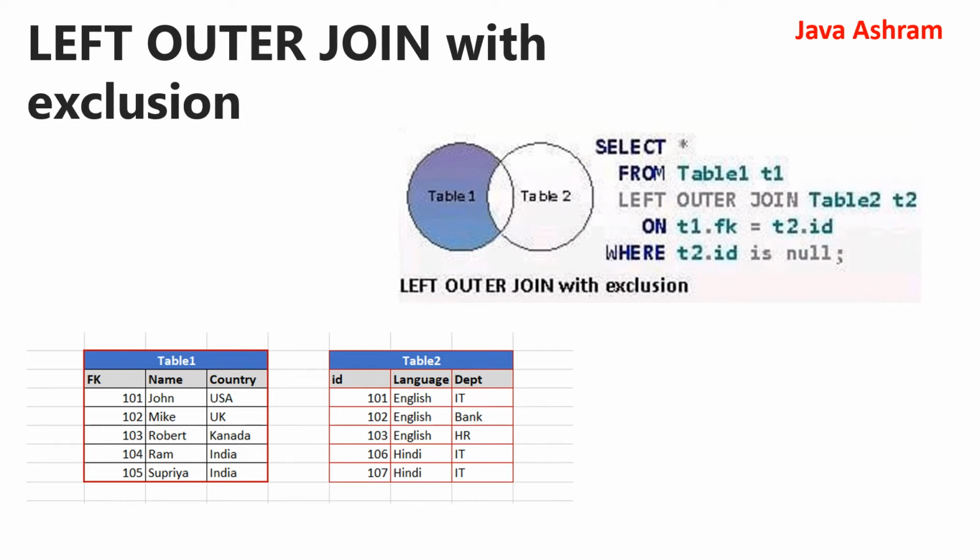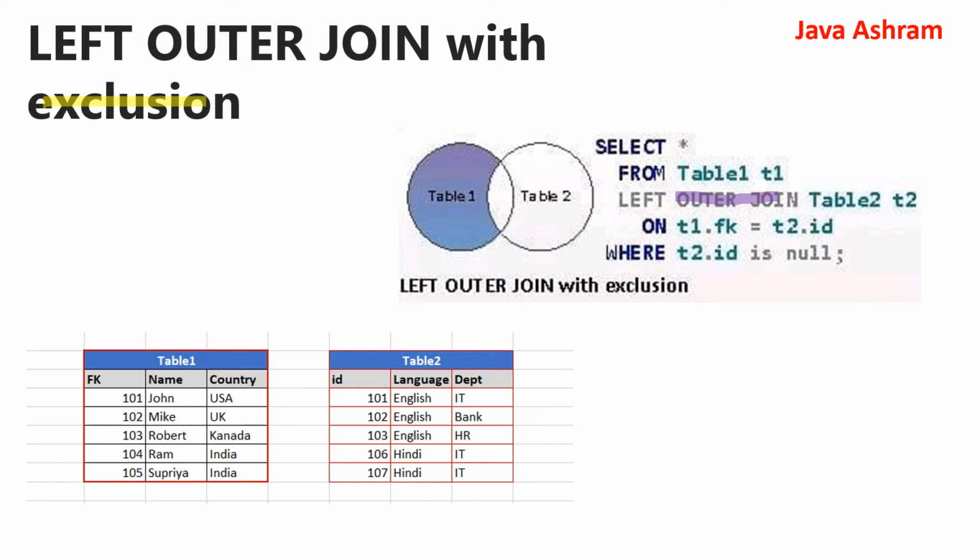The next is left outer join with exclusion, right? What does it mean? It means the data from table 1 which is not present in table 2. And how will you execute that? Using the left outer join.